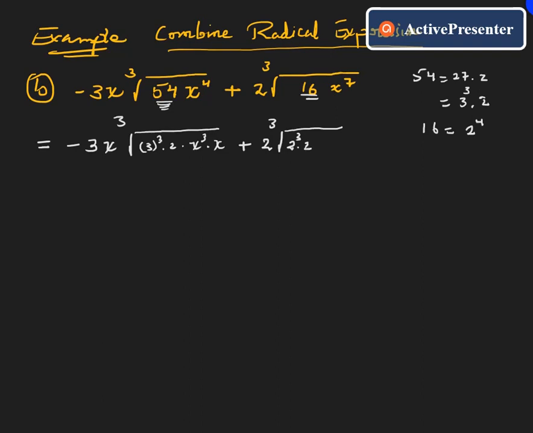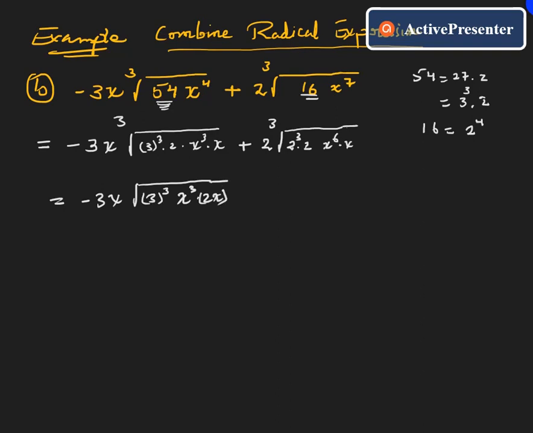And x to the power 7, we can write it as x to the power 6 multiplied in x, as simple as that. So going down, it is minus 3x, 3 to the power 3 multiplied in x cubed multiplied in 2x.